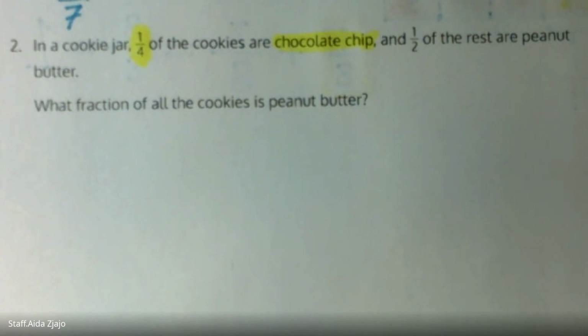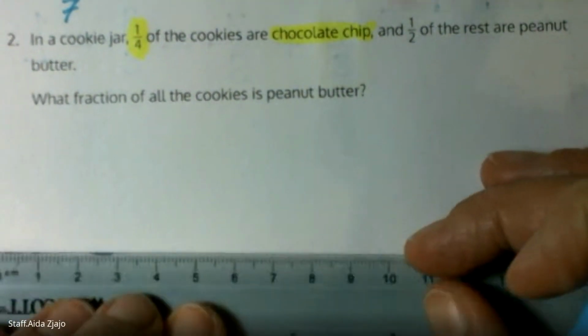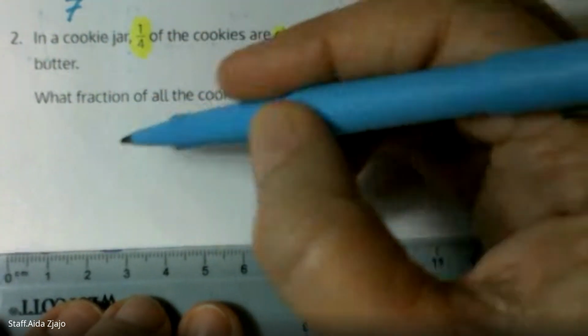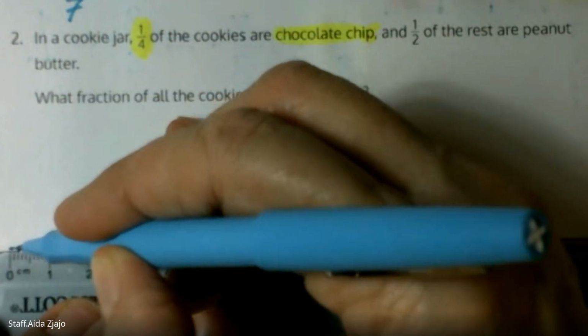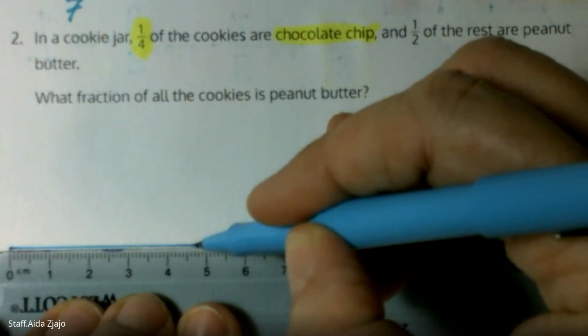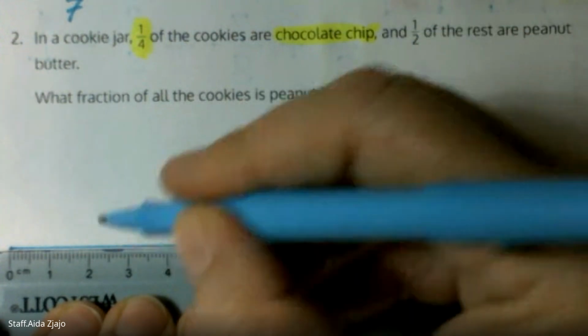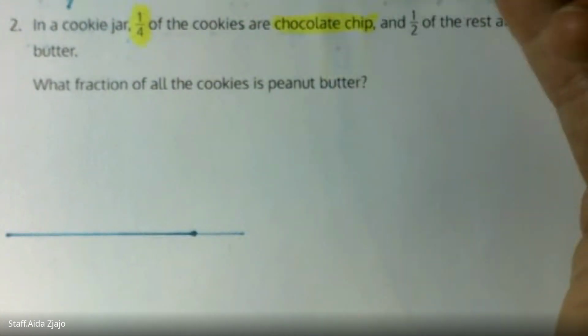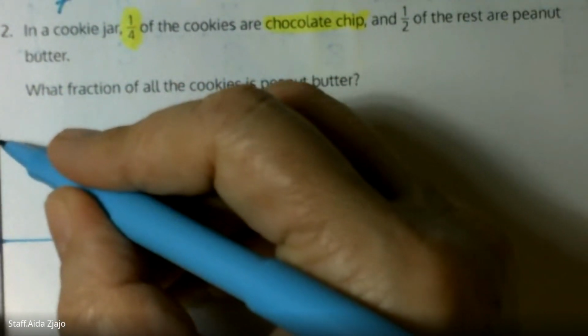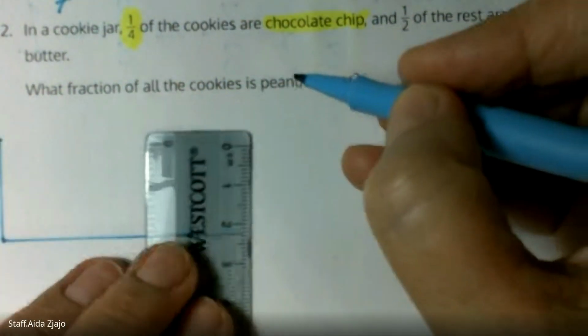Okay, so I'm going to have a 1/4. This is a jar. Let's do, I don't know, 6. Okay, and then I will have this.